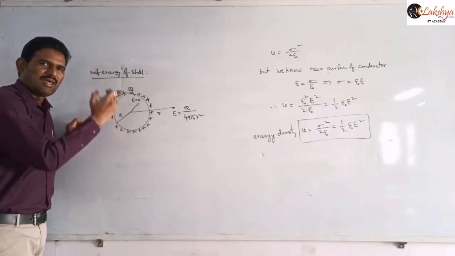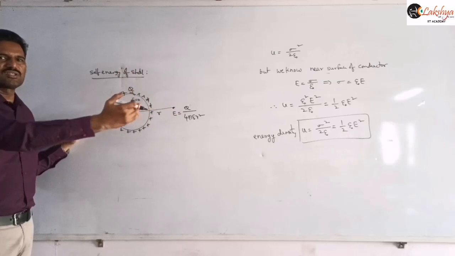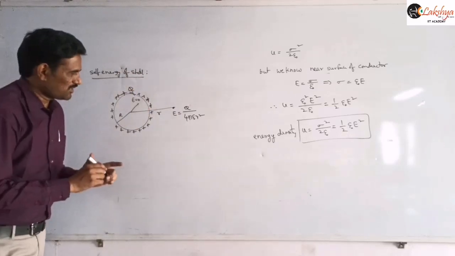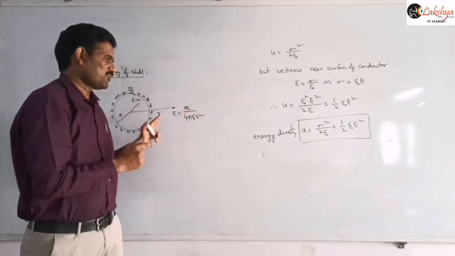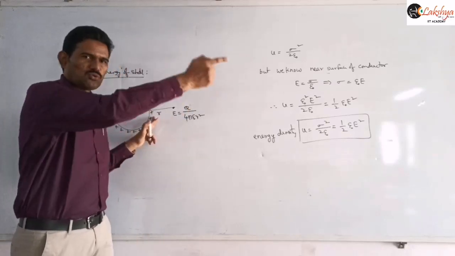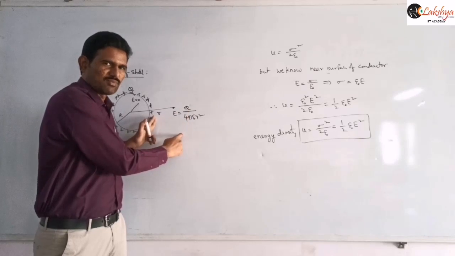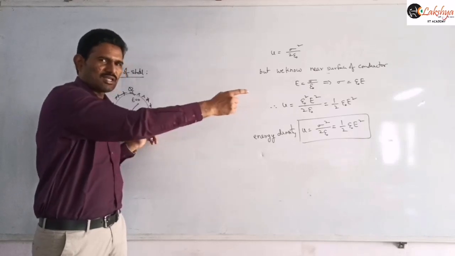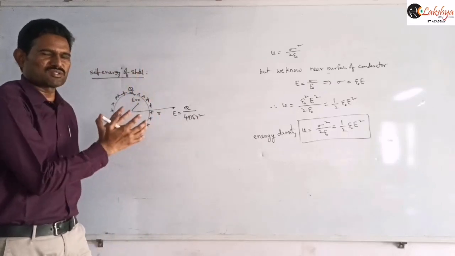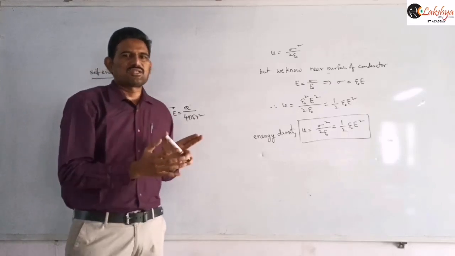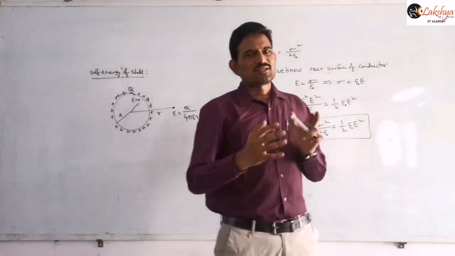This electric field will extend up to infinity, from the surface of the sphere to infinity, so the energy density will also be there until infinity. Whatever the self energy of the sphere is, it will be stored from the surface of the sphere up to infinity.